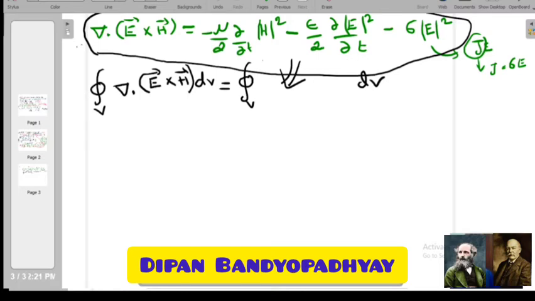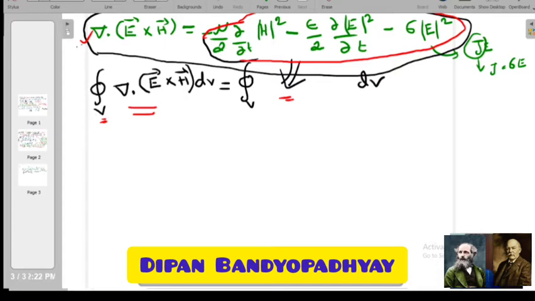So this much will be copied here. Now this is a volume integral. Remember, we are integrating over a volume. What we have derived is for a point, and if you want it for the whole volume, we simply need to integrate over that volume. That means you need to calculate the volume integral.